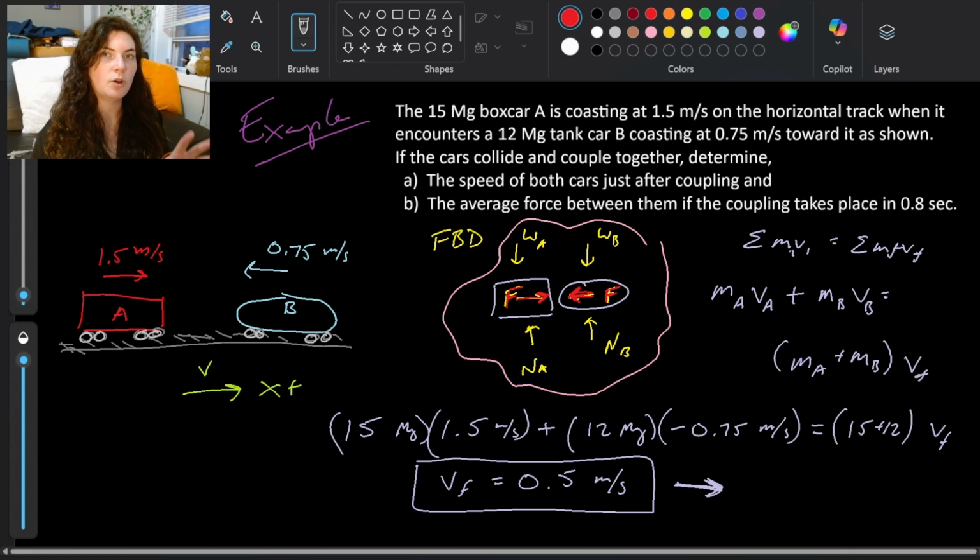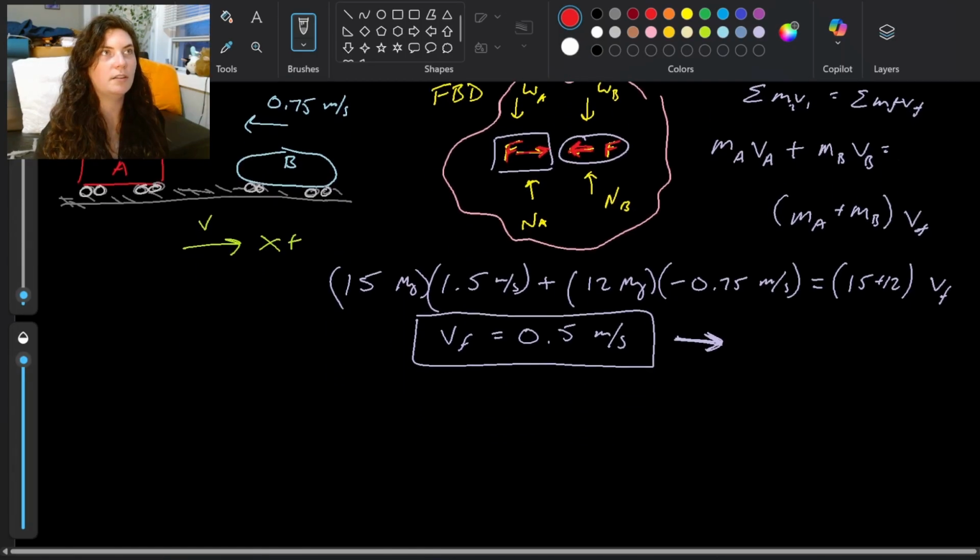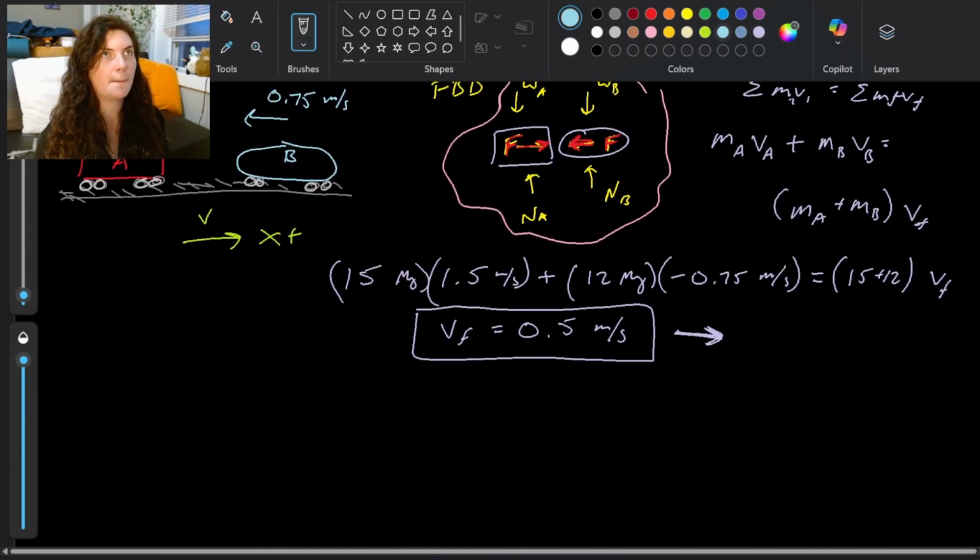For this case, we want to just look at one of the train cars, because otherwise, if we look at this as a system together, the F's just cancel out, right? So let's just go ahead and break out one of those train cars. I'm just going to do the little tanker guy.